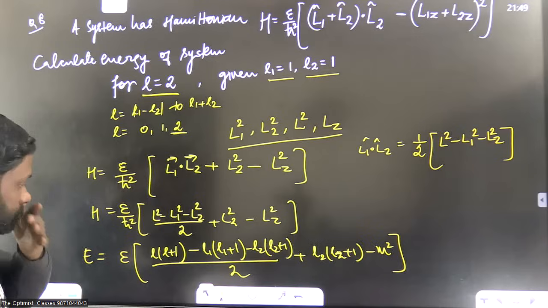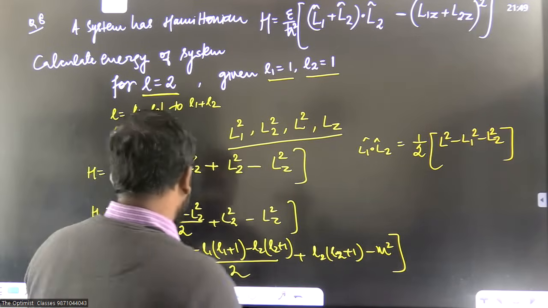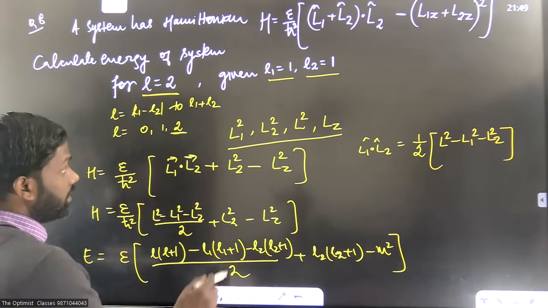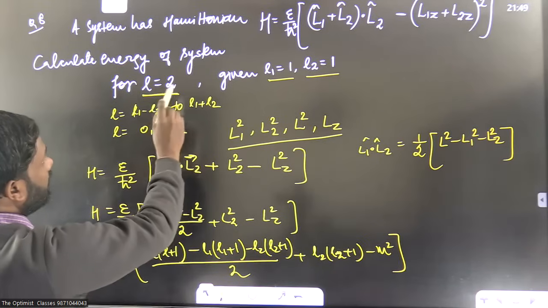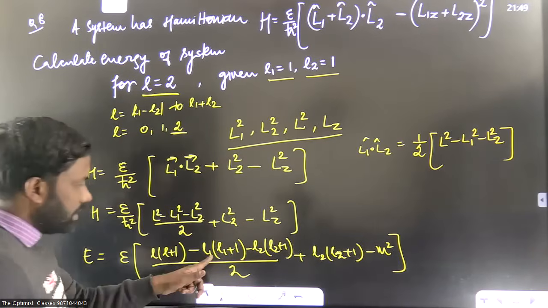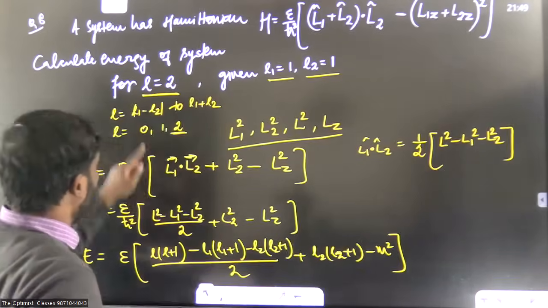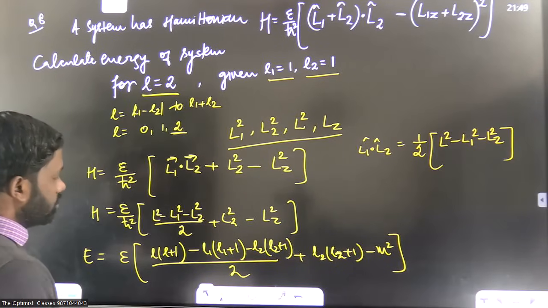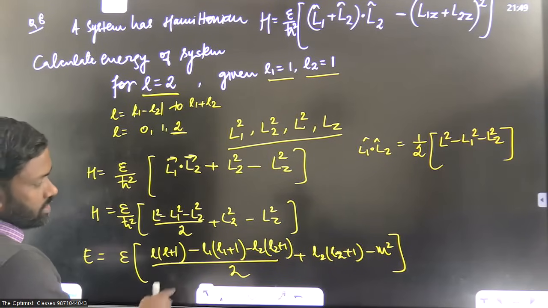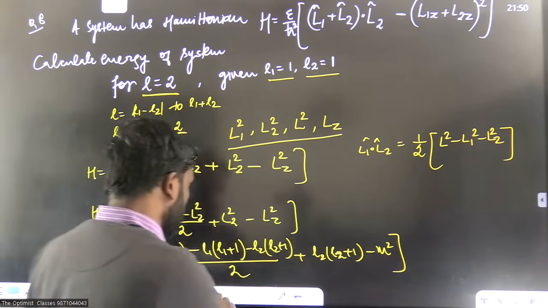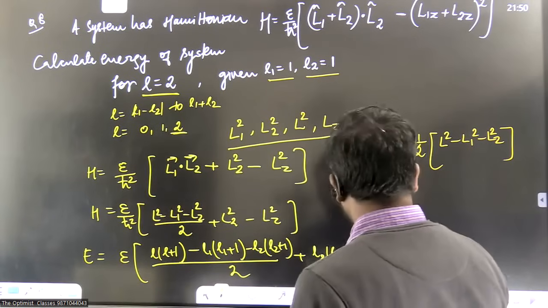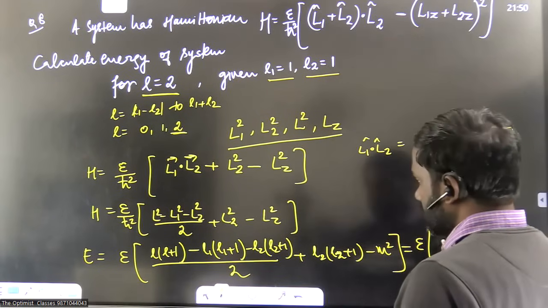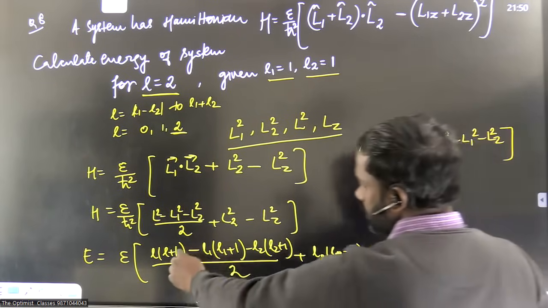So therefore, these are the values. Now let us put the values. L1 is 1 and L2 is also 1. So if you put 1 here, you get 2 and 2. And here L equal to 2 we have to put, so when you put 2 here, you get 6. So 6 minus 2 minus 2. Here you are going to get epsilon, and here 6, because you are putting L equal to 2 here.